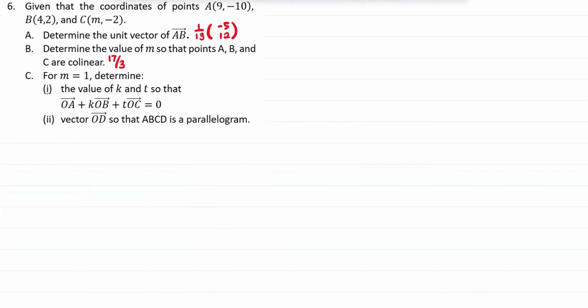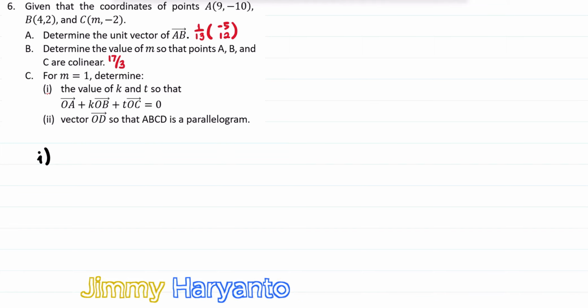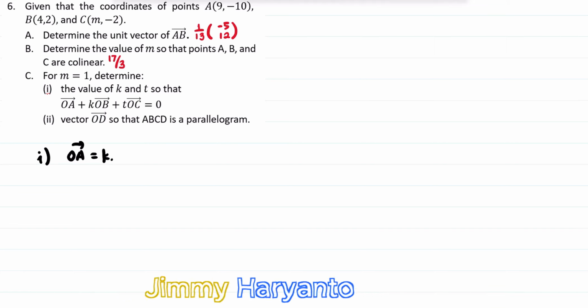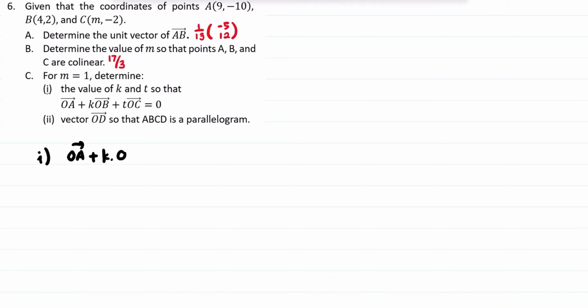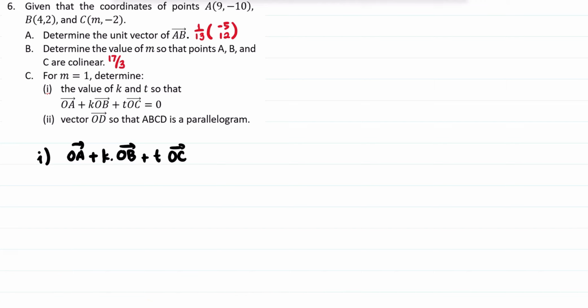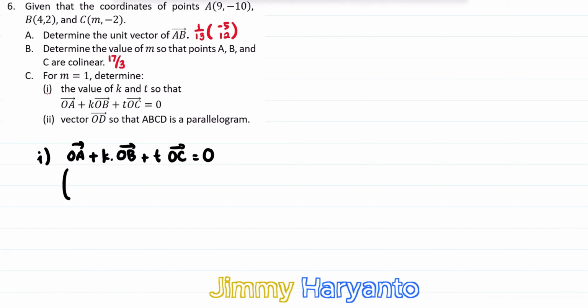Next, question C, for m equals 1, determine the values of k and t so that OA plus k times OB plus t times OC equals 0. Okay, this one will be easy.